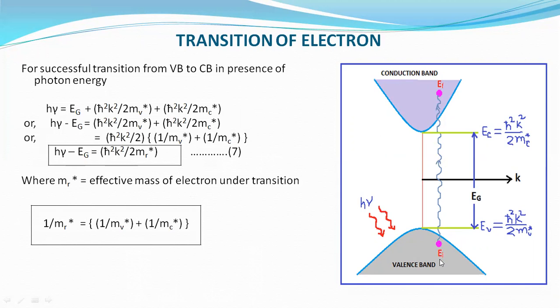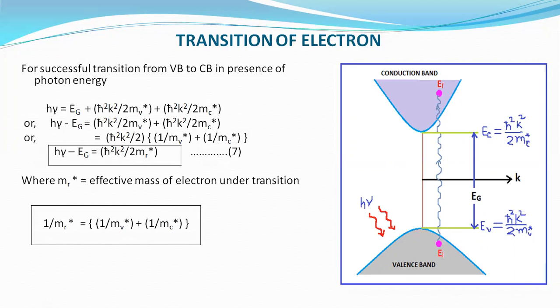But before that, you have to come from EI to the EV state, because any particle jumping from the valence band to the conduction band has to jump from the valence band peak. This electron was in the EI energy state, which is lower than EV, so first it has to come from EI to EV.